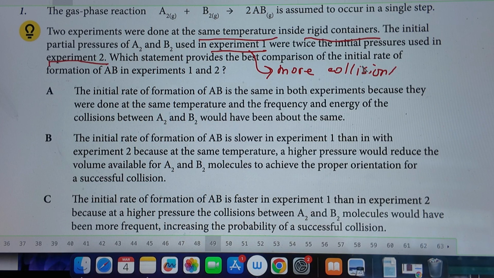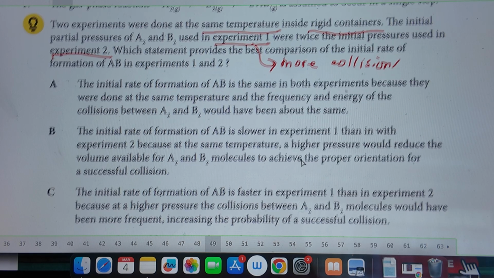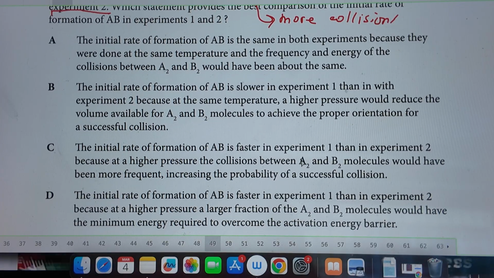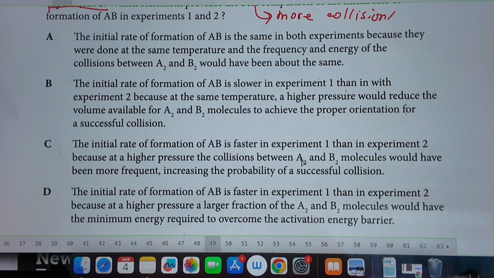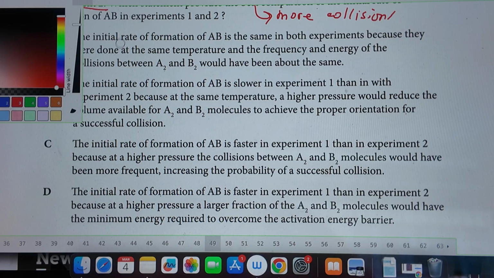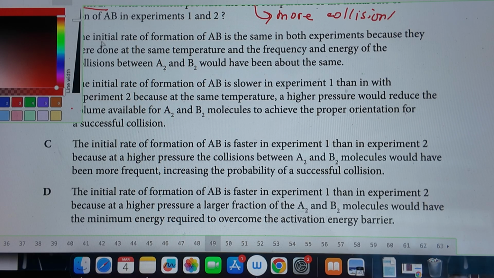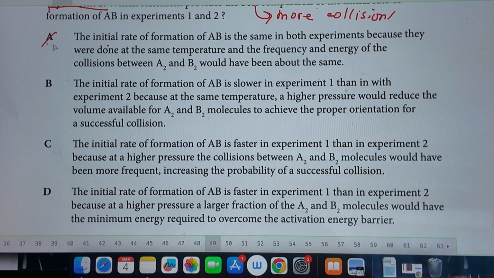So let's read the answer choices. The initial rate of formation of AB is the same in both experiments because they were done at the same temperature, frequency, and the energy of collisions would be about the same. No, they would not be. I just finished telling you one would be greater. This is not true.